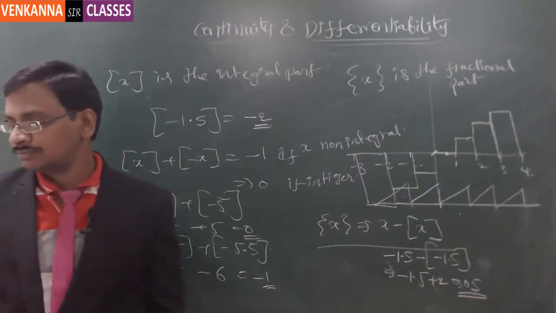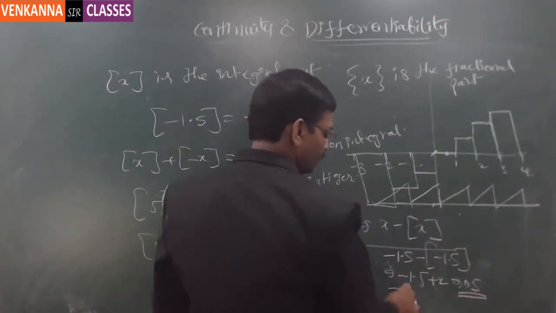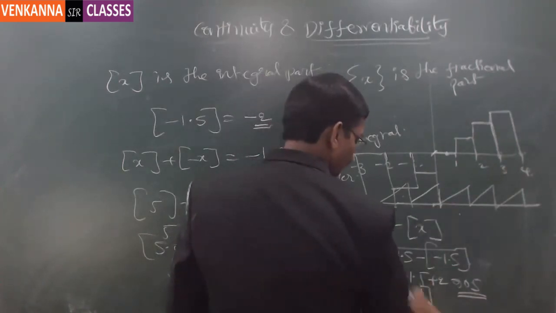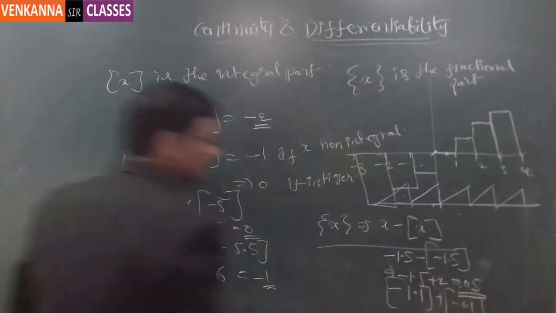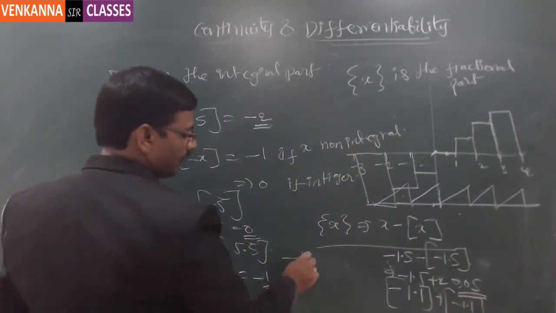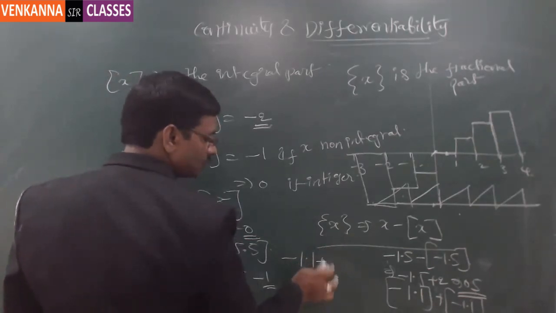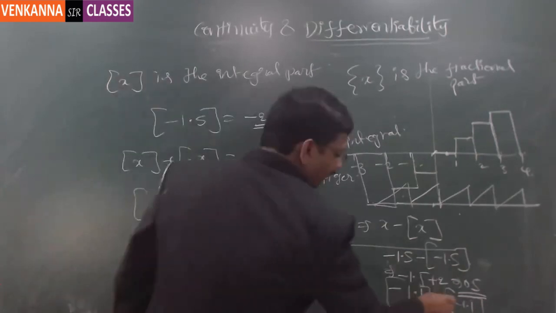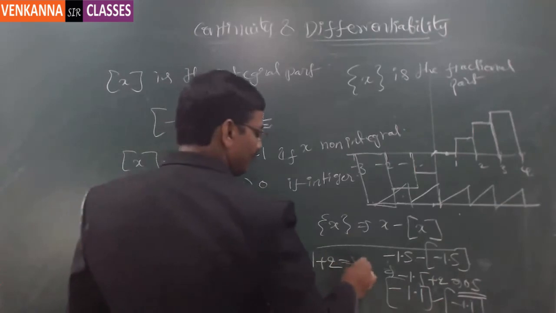Understood or not? Suppose I take this value here, let us say minus 1.1. Step of minus 1.1 is minus 2, so minus of minus 2 will be plus 2. 2 minus 1.1 is 0.9.